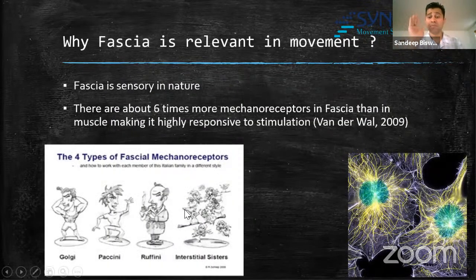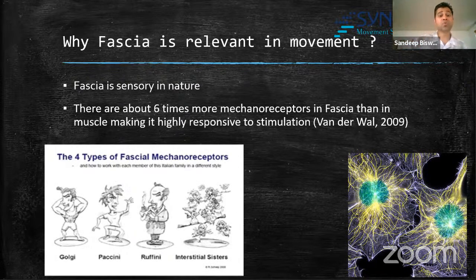Okay, now you have to understand that fascia is also very, very sensory in nature, okay? It actually has 6 times more mechanoreceptors than your skin, okay? So it's very important to understand that it has a neural influence too on your system.